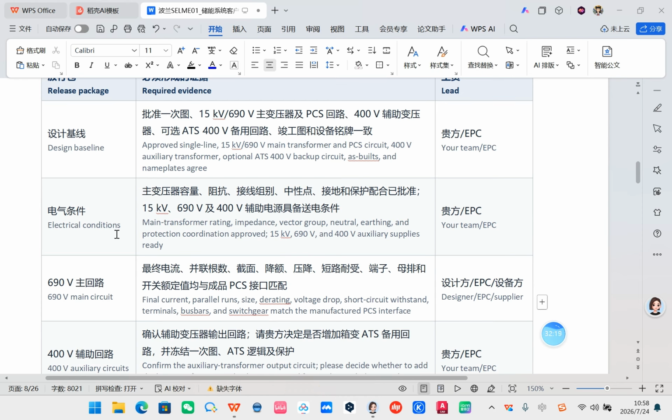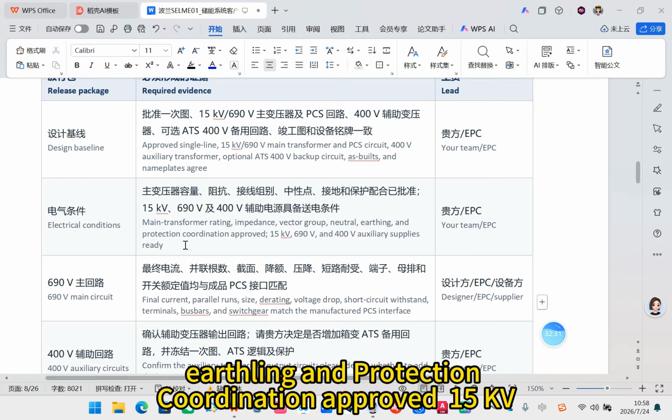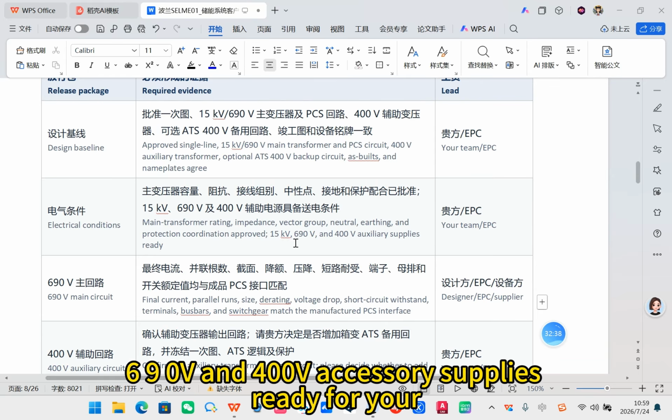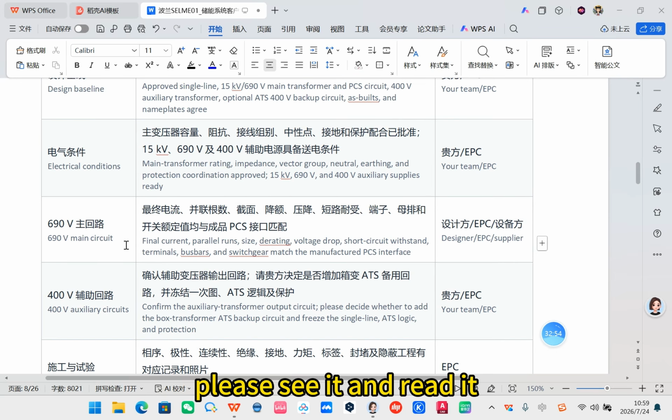Electrical conditions: main transformer impedance, vector group, earthing and protection coordination approved, 15 kV, 690V and 400V auxiliary supplies ready. Please see it and read it.